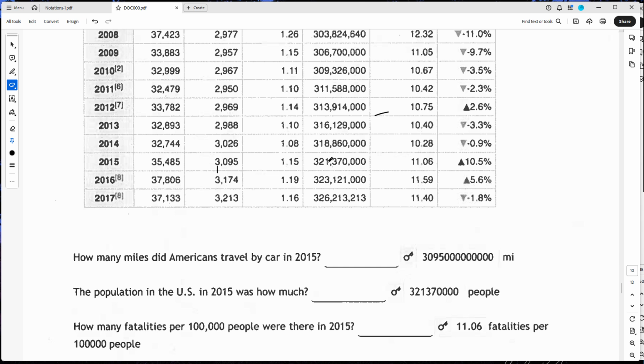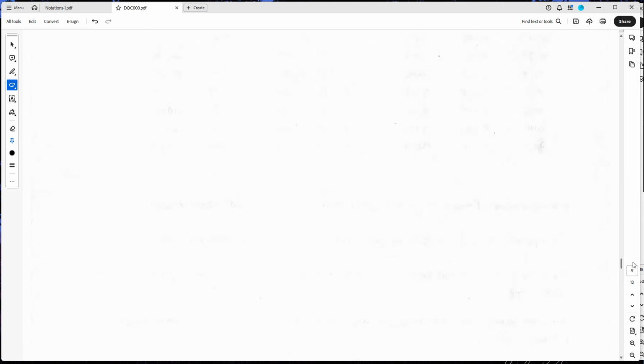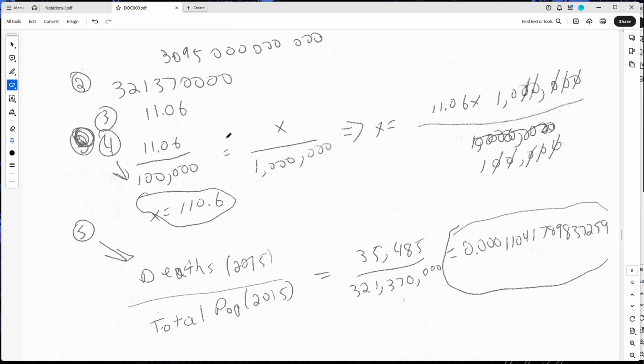Fatalities per 100,000 in 2015: 11.06. You can see that from the table there. How many fatalities per million? You can set up a proportion. Fatalities per 100,000, fatalities per million, we end up with 110.6.